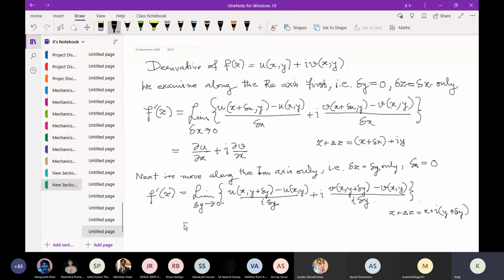Because of that, when I write down the derivative, I will be getting del u by del y with an i in front, whereas here the i's will cancel out and I will be getting del v by del y only.